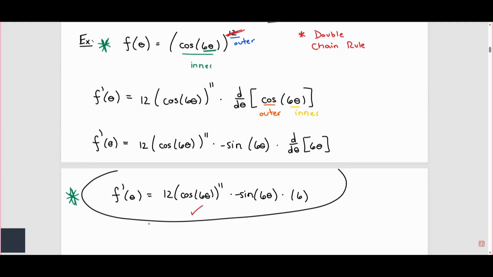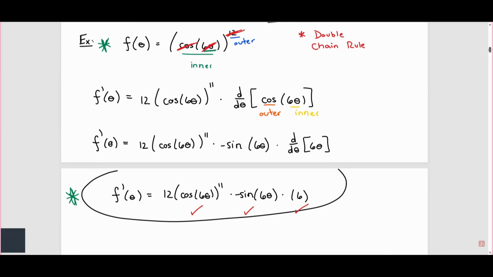I brought down the 12, decreased the exponent by 1, left everything else inside. Then I moved into the cosine, made it into a negative sign, kept the 6 theta nested inside. Then I got to 6 theta, which the derivative was 6, and completed all of the layers of my derivative. So I kind of knock everything out one at a time, starting from the outside and working inward.